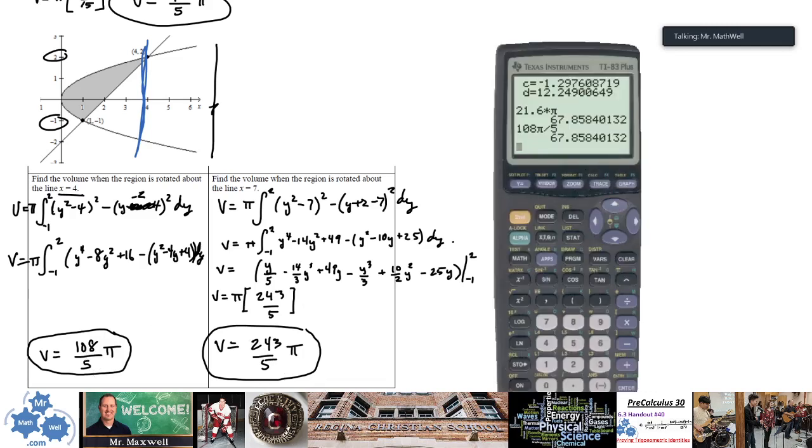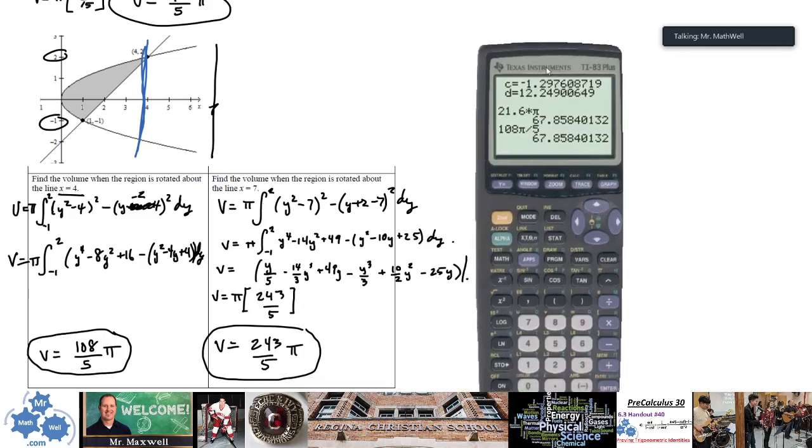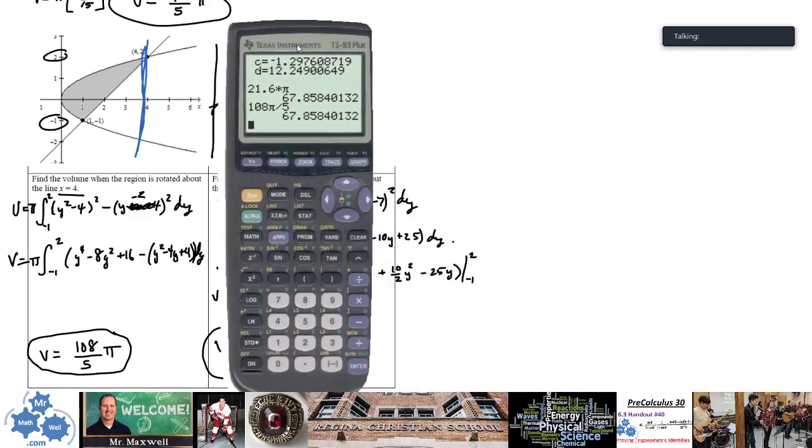I did confirm one of these with my graphing calculator. I know we don't have calculators on the test for a question like this perhaps, but for the first one, you'll notice that I plugged in the function that's underneath the integral, so the integrand here. I graphed it, and then you'll see I did the integral from -1 to 2. So it filled in this space, and it gave me a number of 21.6.